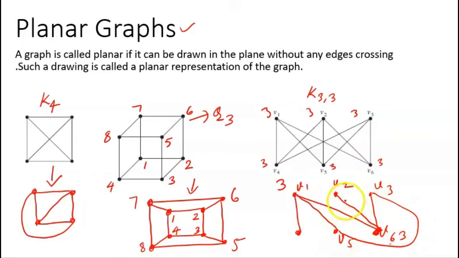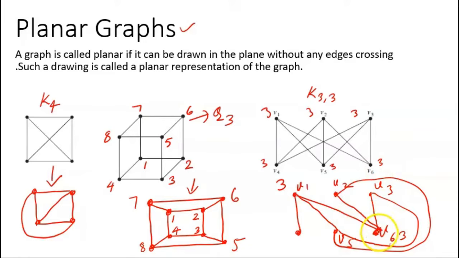And we can also join V5 to V2. There are many ways, but let us join V5 to V2. So another way to join V5 to V2 is that I avoid this crossing and join it to V2. Okay.